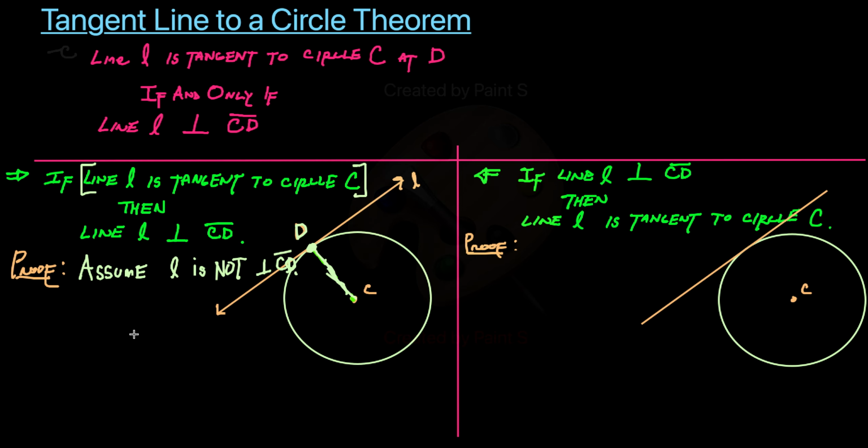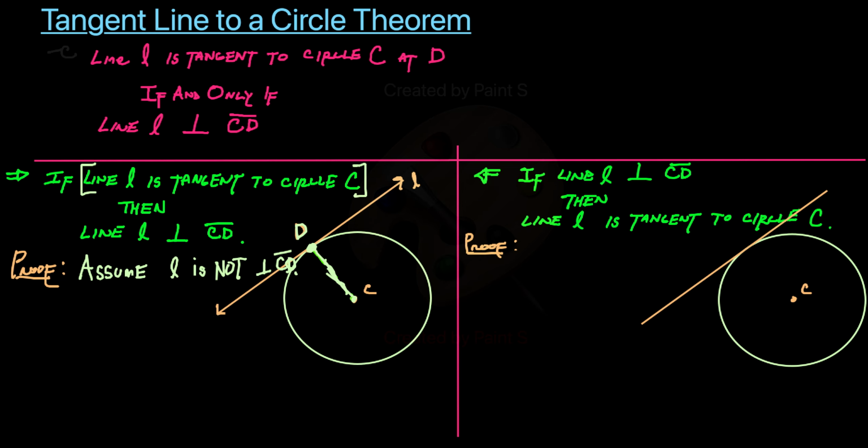And what that allows is, well, we're assuming that it's not, which means there has to be some other line from C to L that is perpendicular. That's a postulate. C is a point off of line L, and through every point off a line, there exists exactly one line through that point C that is perpendicular to L. That's a postulate.